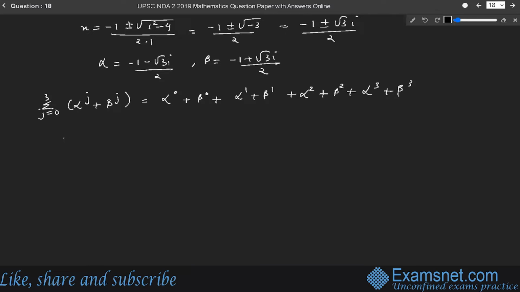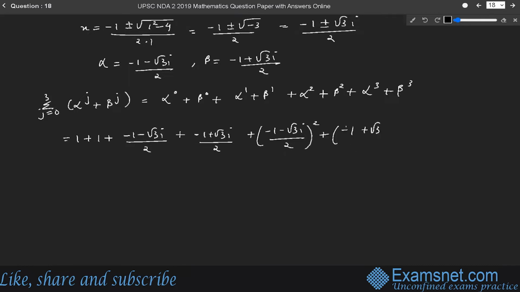On substituting the values here, it will be 1 plus 1 plus (minus 1 minus root 3i) divided by 2 plus (minus 1 plus root 3i) divided by 2 plus ((minus 1 minus root 3i) divided by 2) whole square plus ((minus 1 plus root 3i) divided by 2) whole square plus ((minus 1 minus root 3i) divided by 2) whole cube plus ((minus 1 plus root 3i) divided by 2) whole cube.